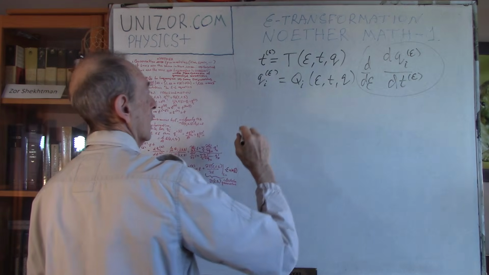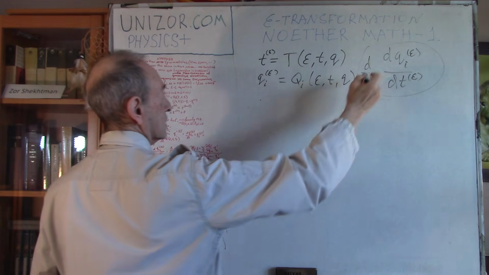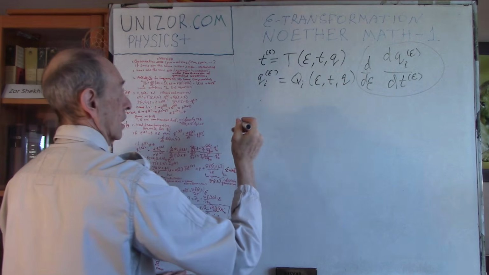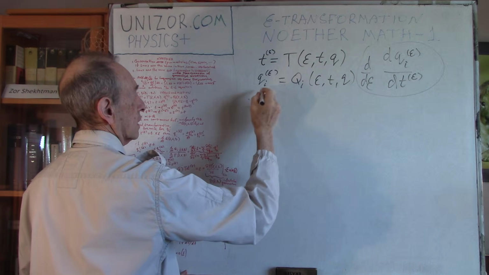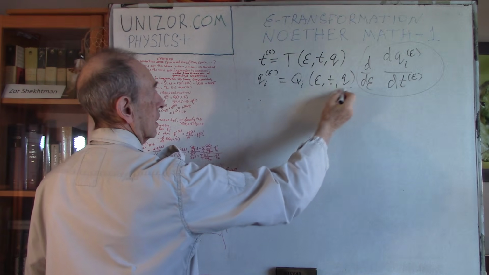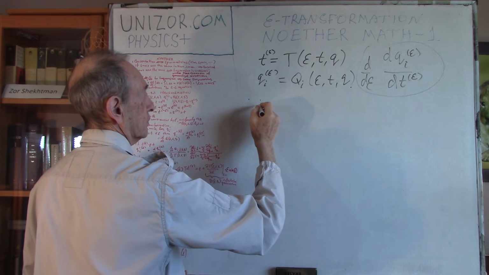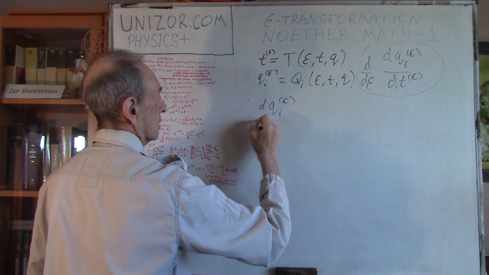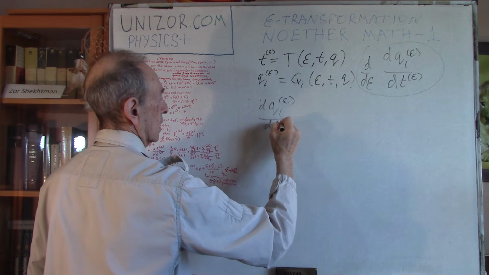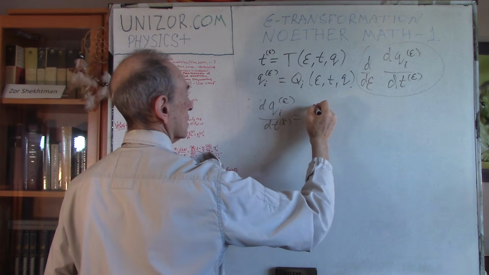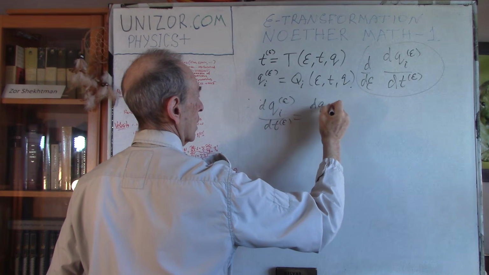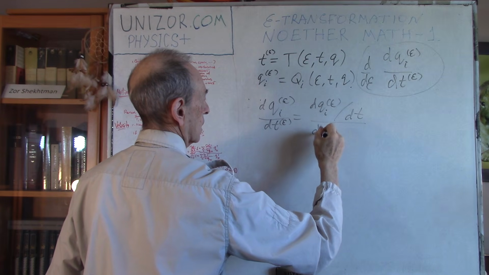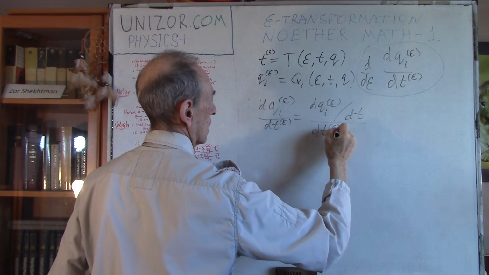First of all, this dqi divided by dt epsilon. Now, since qi is equal to this, differentiation dqi epsilon by dt epsilon can be represented as differentiation of qi by dt divided by dt epsilon by dt.